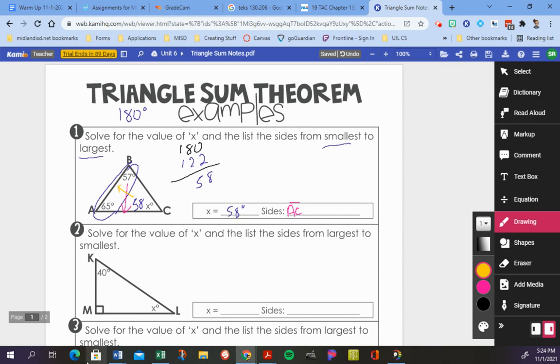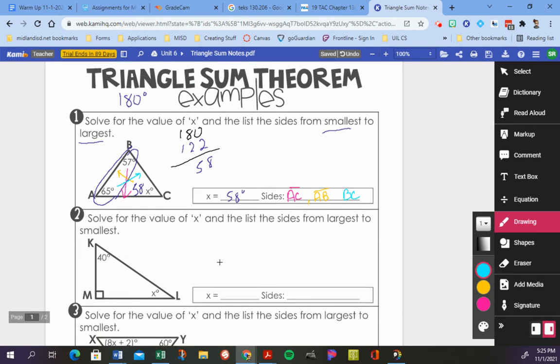And that goes with the one across from it, which is AB. And then we go to the last one, 65 degrees, and the one across from it is BC. We have completed that problem.